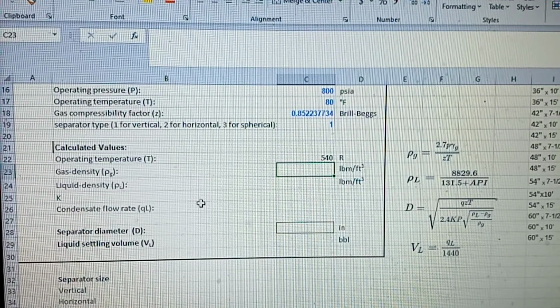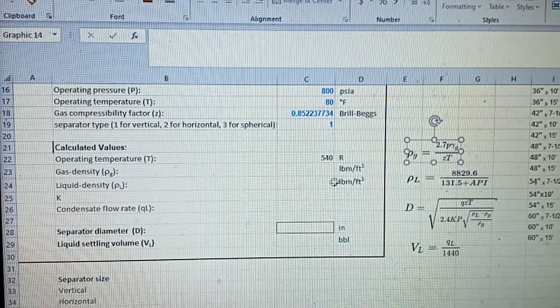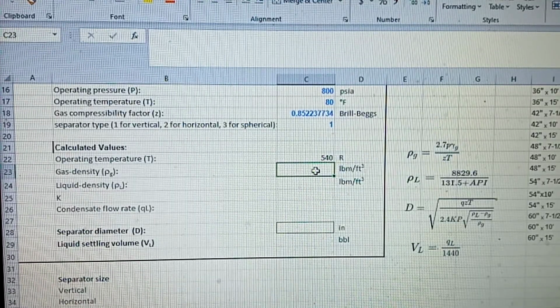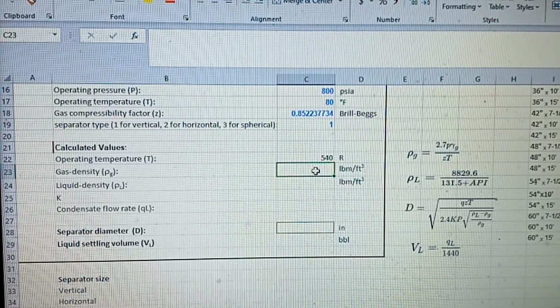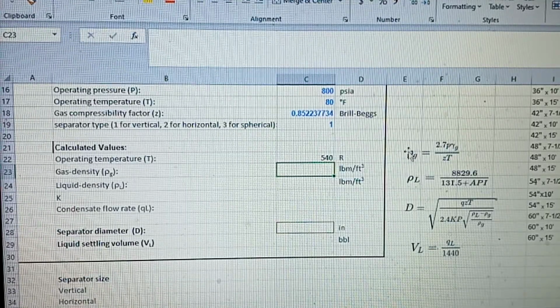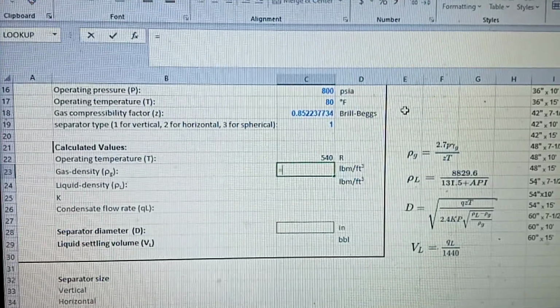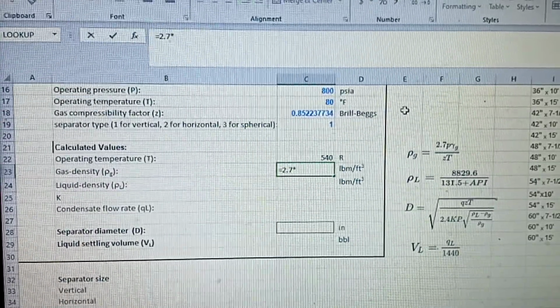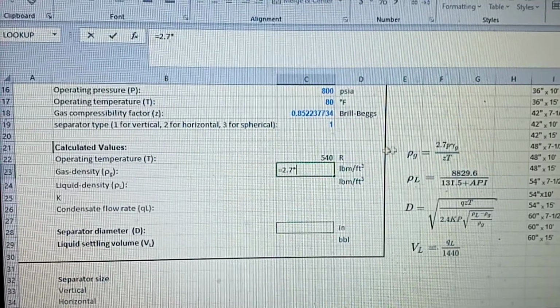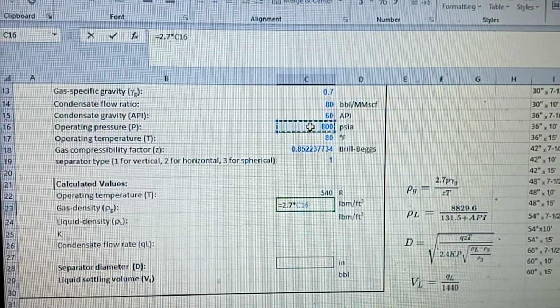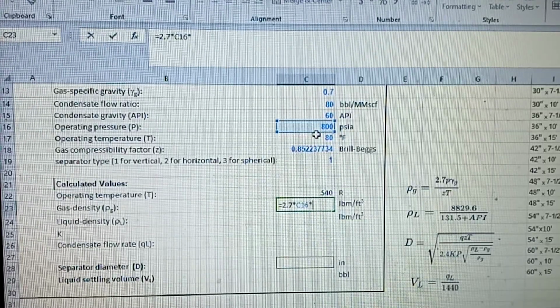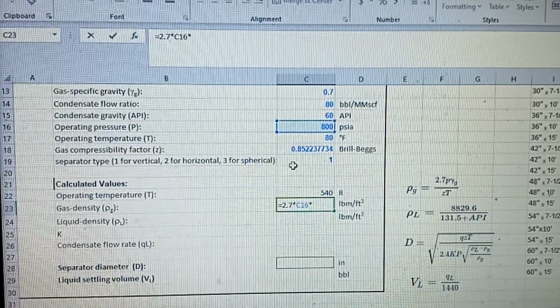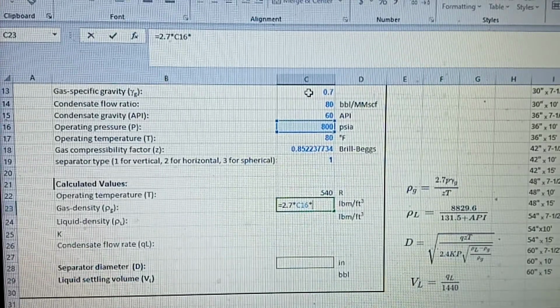Then the next one is the gas density. This is the formula we did in chapter 2, where we were talking about properties of gas. So I'm going to do equals 2.7 multiplied by the pressure, so I click on the pressure, then multiplied by the specific gravity of the gas, which is 0.7.